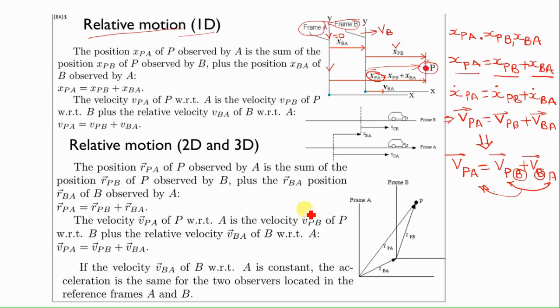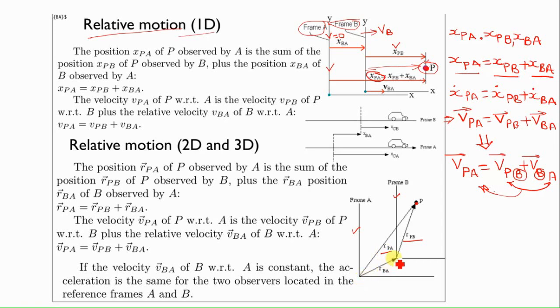Now the relative motion in the second or third direction can be represented the same way. Here this is the position vector of P with respect to B, so this is RPB, and this is the position vector of P with respect to the frame of reference A, this is RPA.